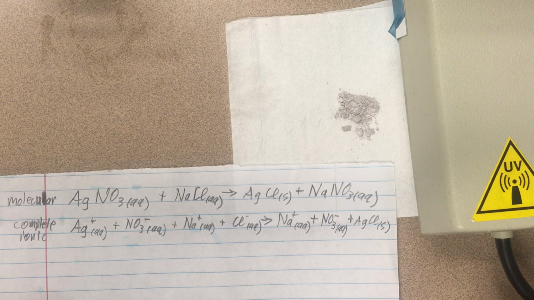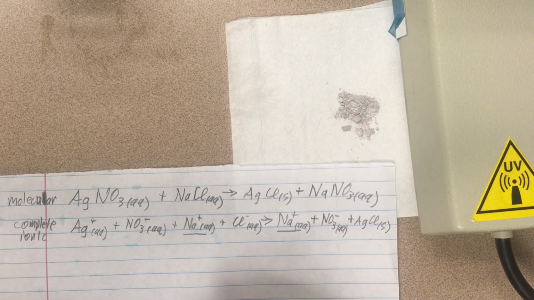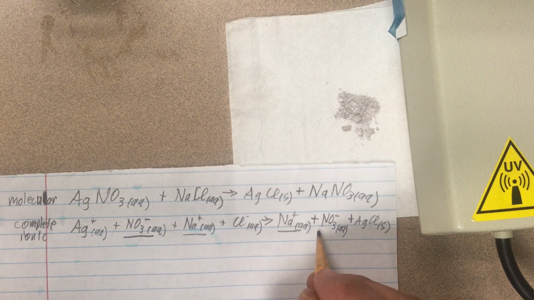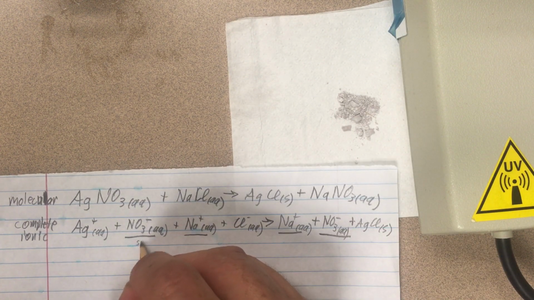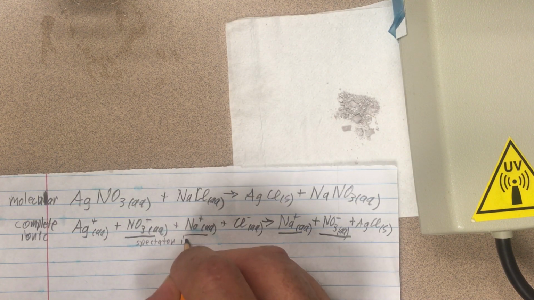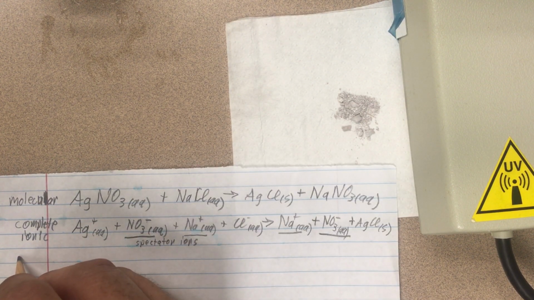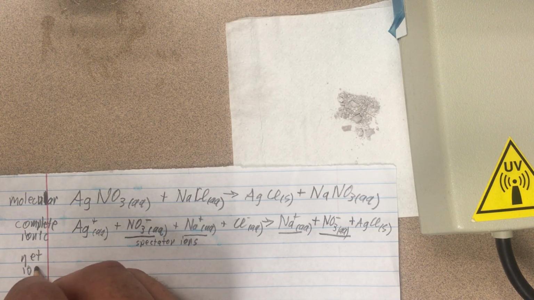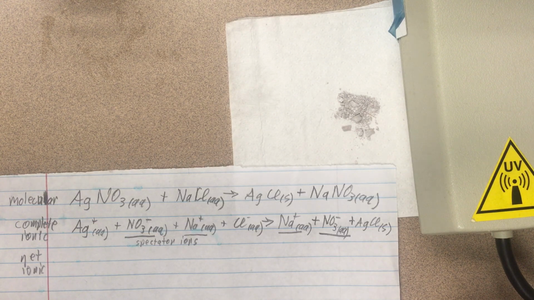Okay, now we can also say, well, what's the most important part? There are certain ions that do not participate in the reaction. Sodium ions do not participate in the reaction. Nitrate ions do not participate in the reaction. We call those spectator ions, because they just kind of look around and see what's happening around them. Okay, and so we can write a net ionic equation, kind of giving the net result, and they don't contain any spectator ions.